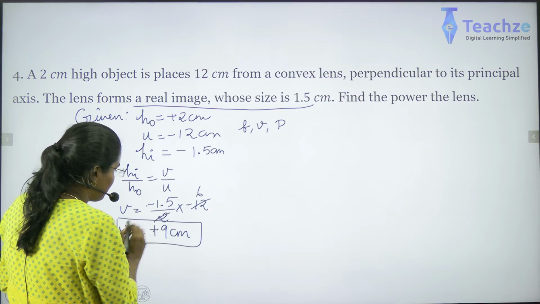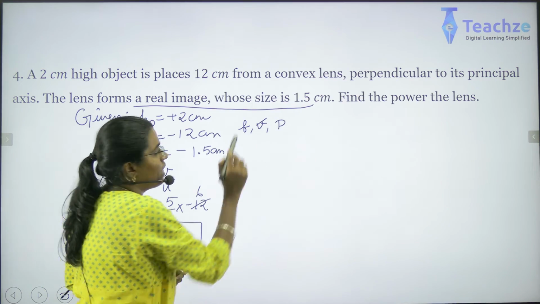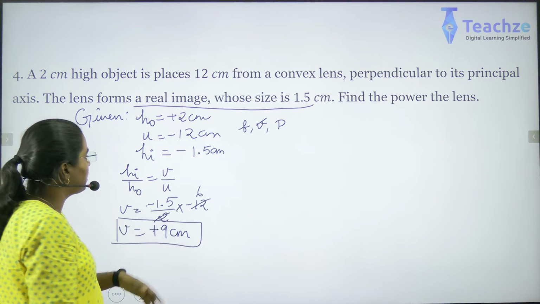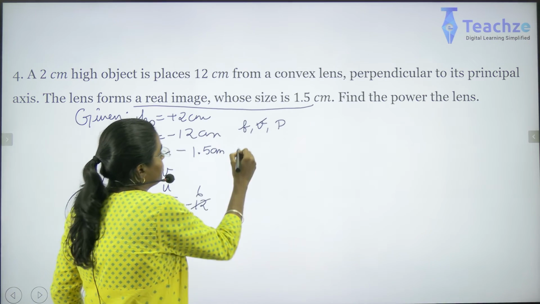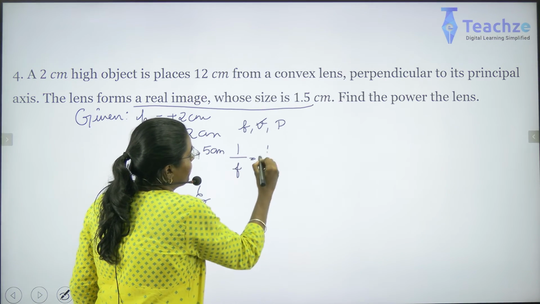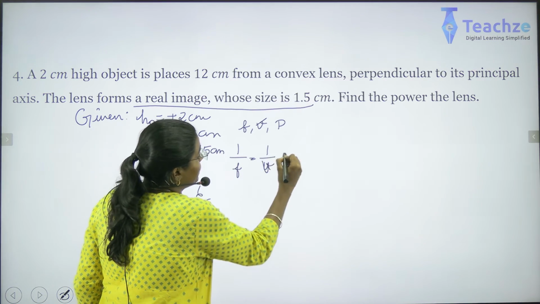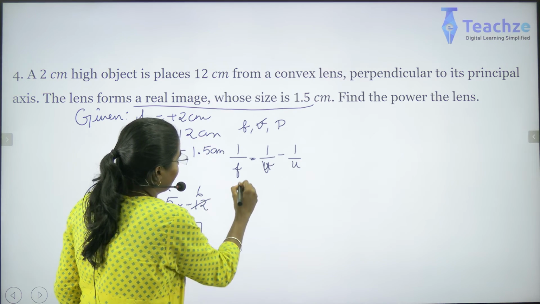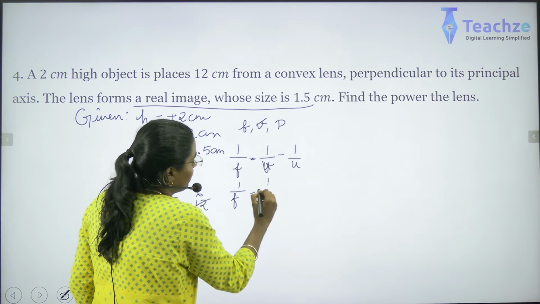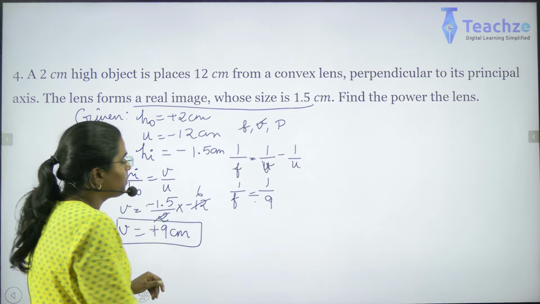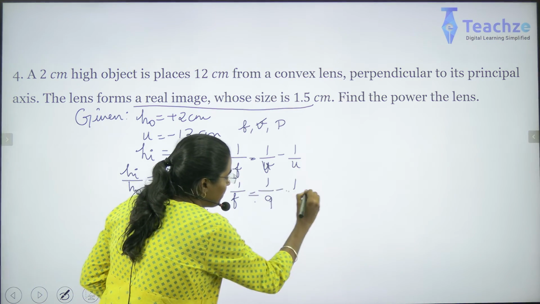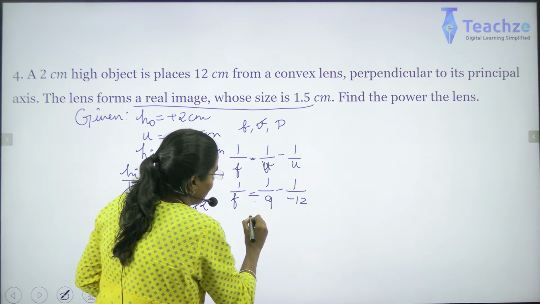Done. First part is done. I found the V part. Now I have V and U. I have to find F. So 1 by F is equal to 1 by V minus 1 by U. So 1 by F is equal to 1 by 9 because it's plus, 1 by 9 minus 1 by minus 12.